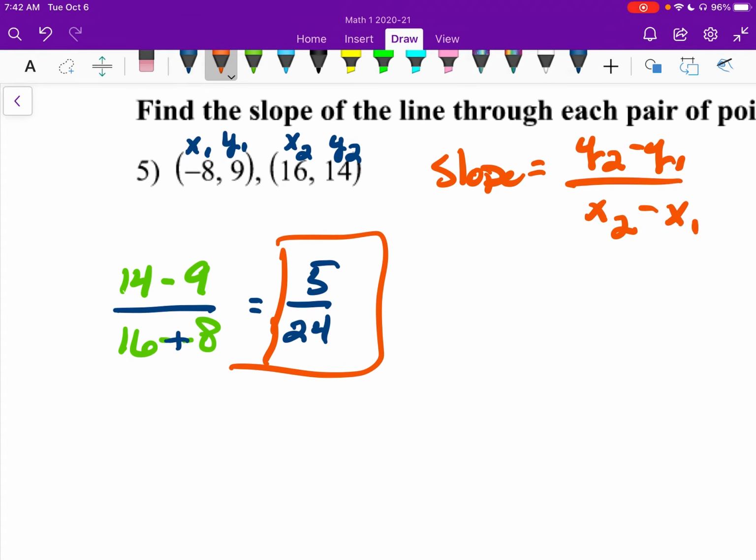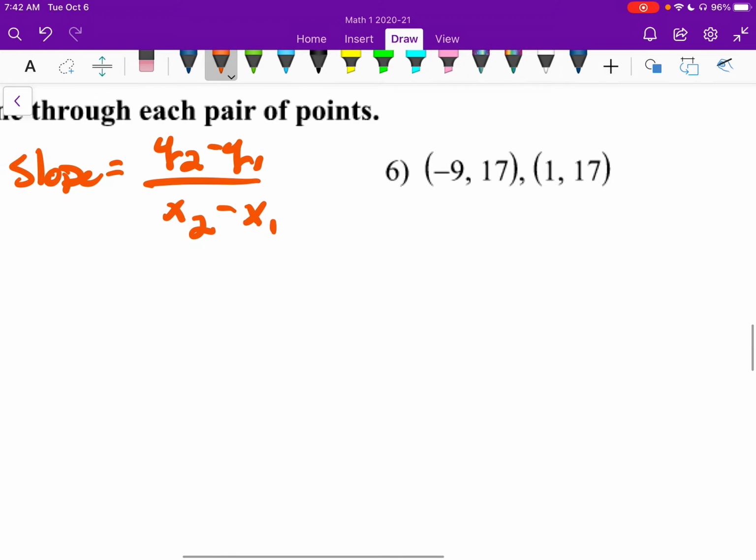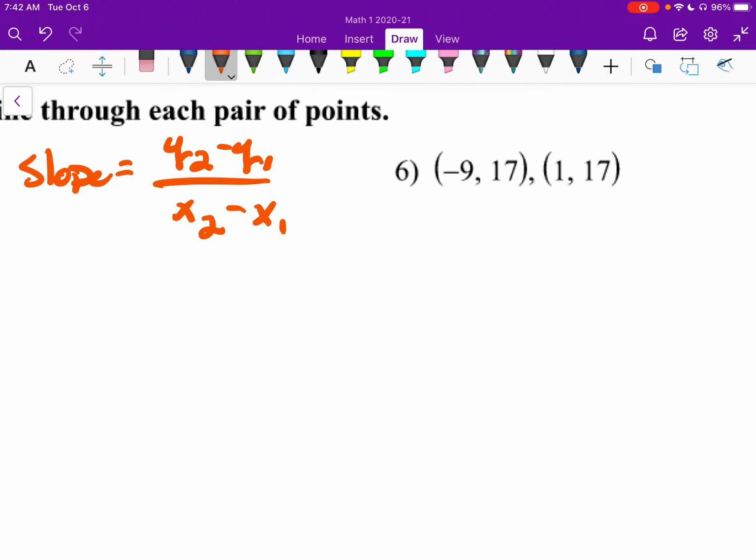Right. So we could have plotted those 2 points and then done it like we did with numbers 1 through 4. But this way is just a little bit faster because we don't have to actually graph it. All right, let's do number 6. So again, I'm going to be using that formula. This time I'm going to put my x1s in the second spot, just because.